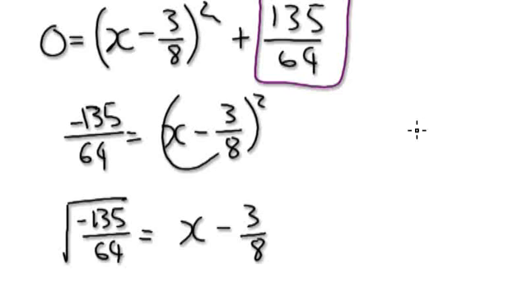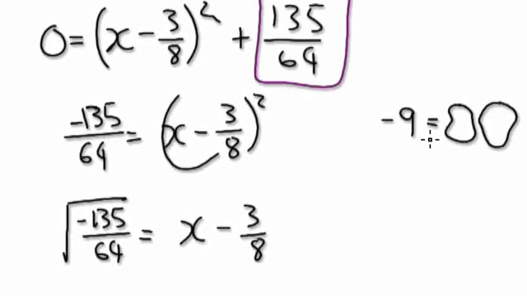If I ask you what's the square root of minus 9, you've got to think of a number that when you multiply it by itself gives you minus 9. It's not 3, because 3 times 3 is a positive 9. And negative 3 times negative 3 is also a positive 9.